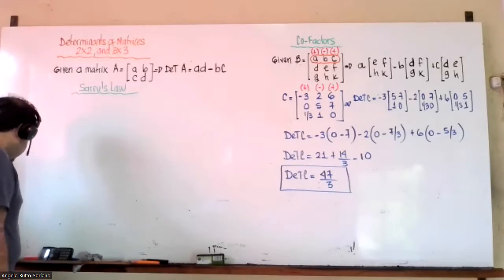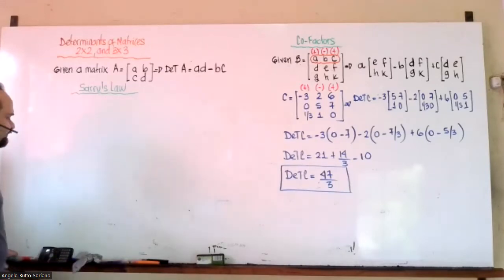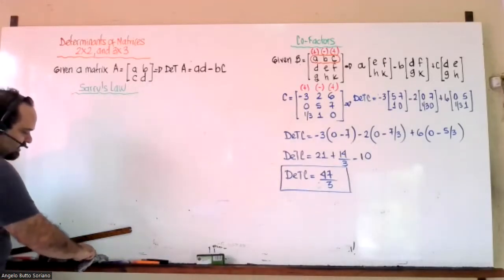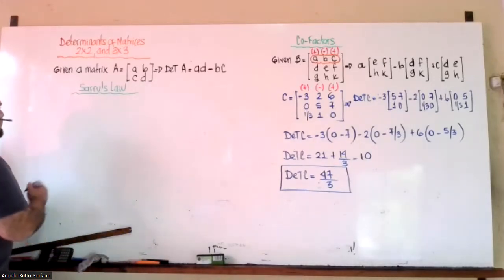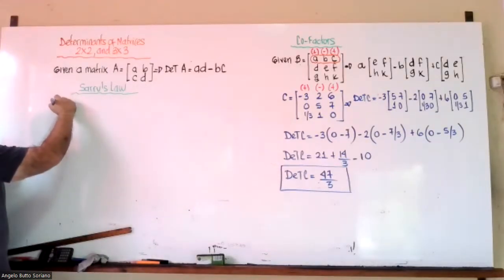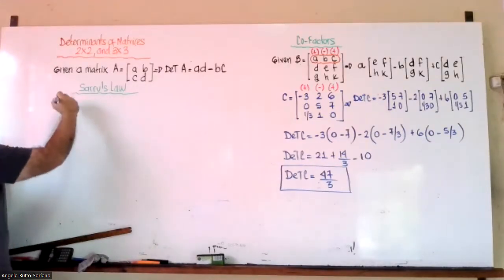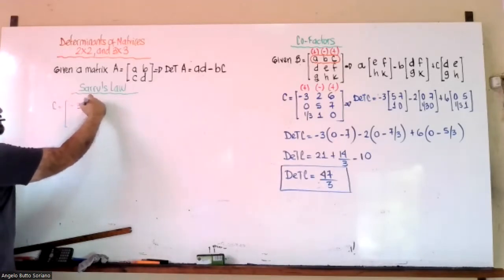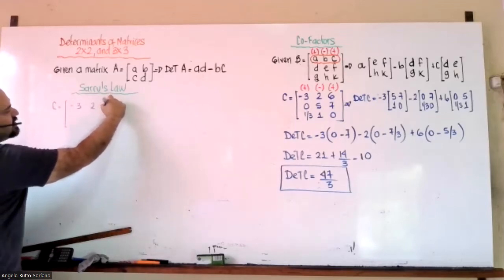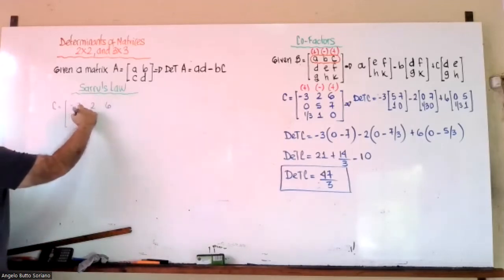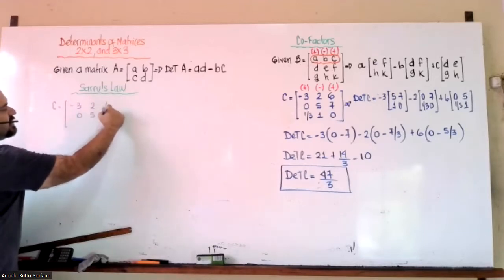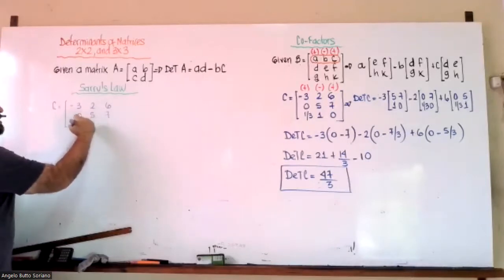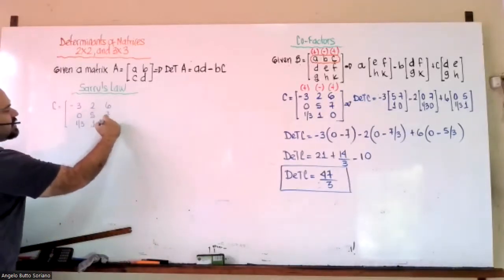It doesn't matter. Okay, we have this original matrix, right? C equals, the original matrix was -3, 2, 6, 0, 5, 7, 1/3, 1, and 0.